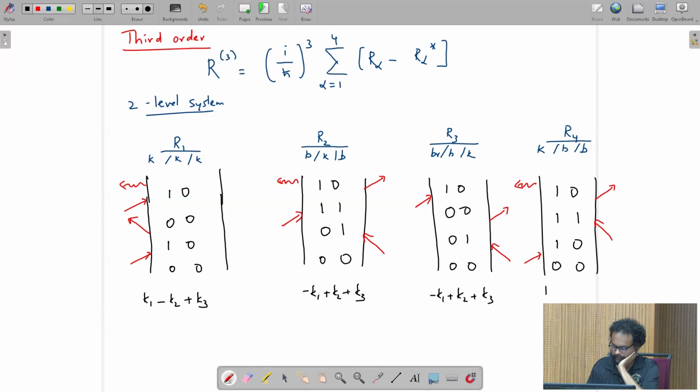And you have K1 minus K2 plus K3. Emission on the bra side, if it was activating. Emitting is conjugate. Make sense?